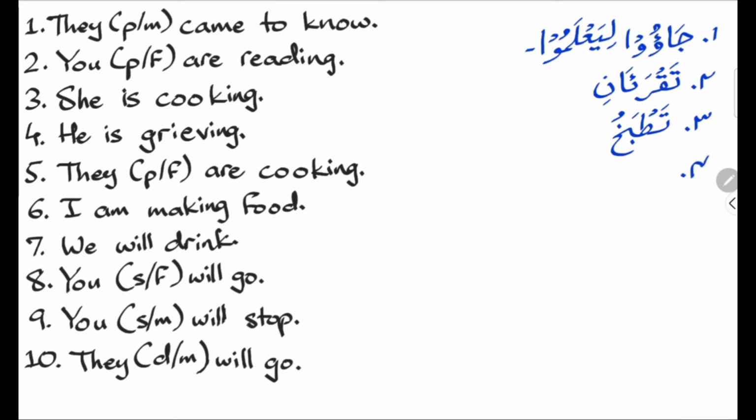Number 4. He is grieving. Grieving or to be sad, as came before, is حزن. He is doing, that is easy, that is واحد مذكر غائب. يفعل, so يحزن. Number 5.